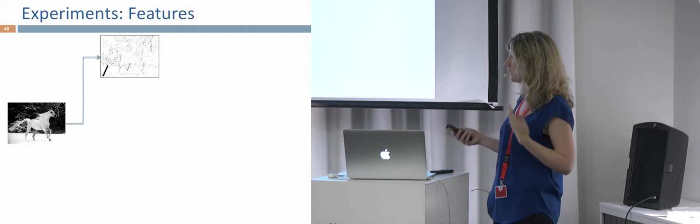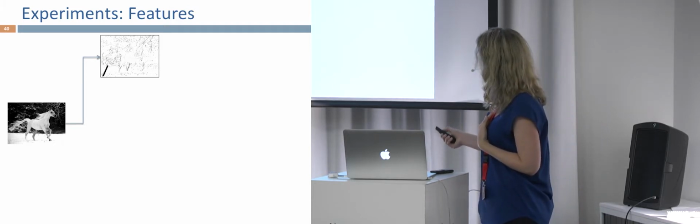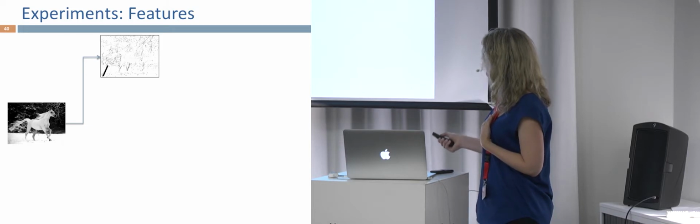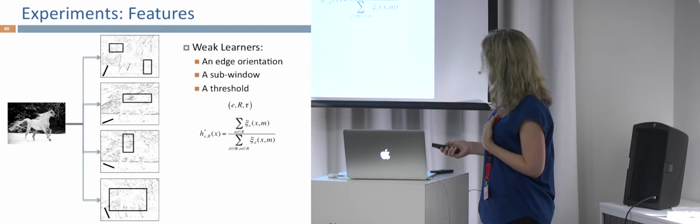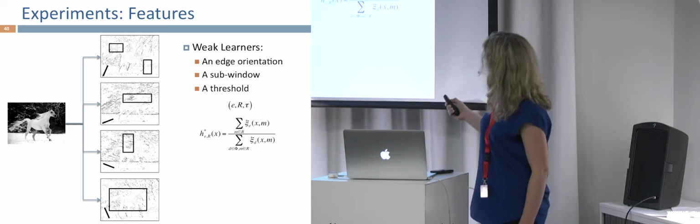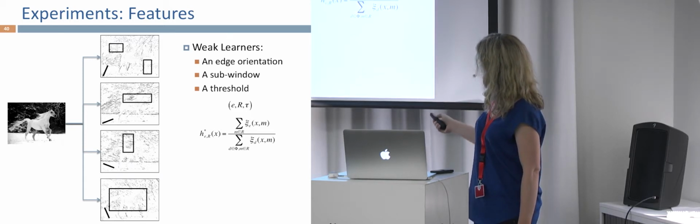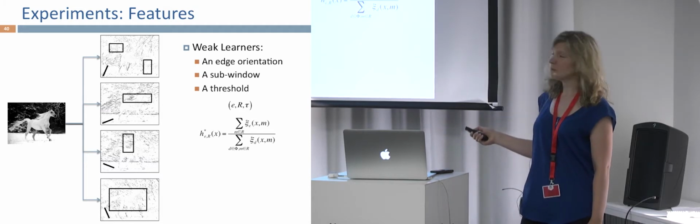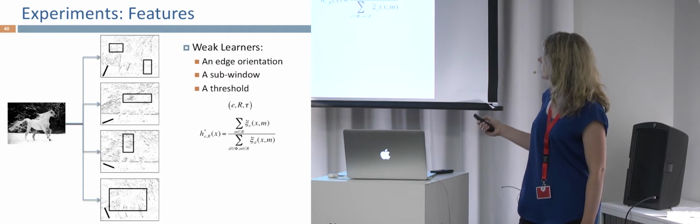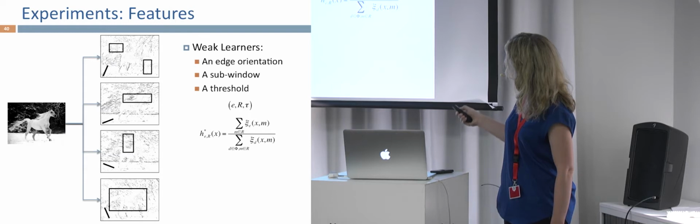As you see, it's not a very complicated method, but it turns out to work fairly well. Here the features we're using are very simple, basically edge features. They're weak learners. Each of those h functions that I was showing you encodes something very simple about the input image. It's just computing a particular orientation of an edge.